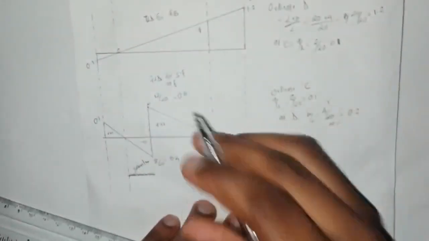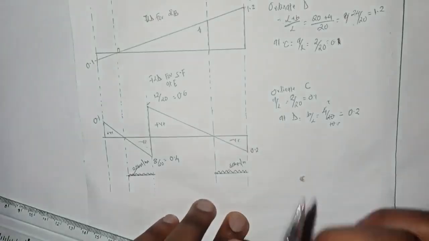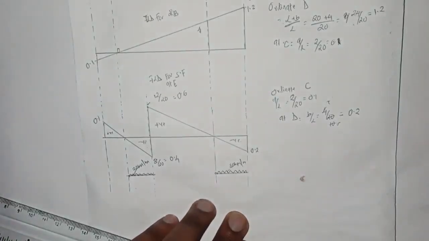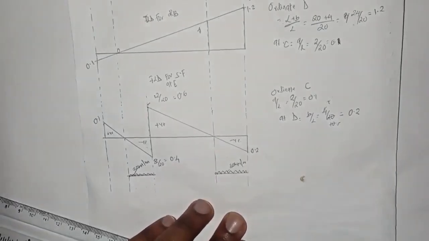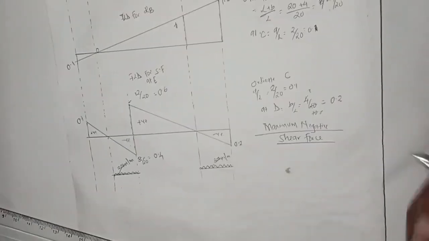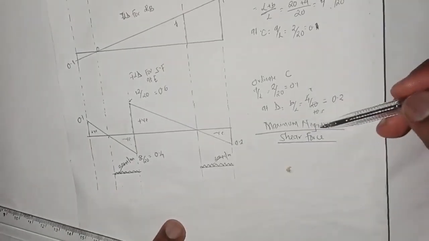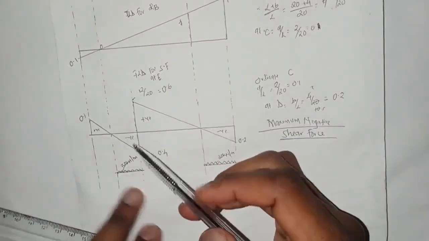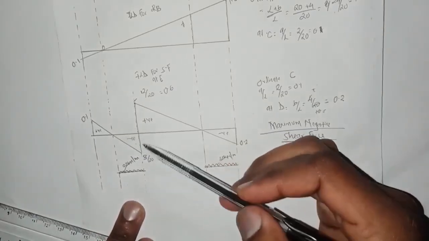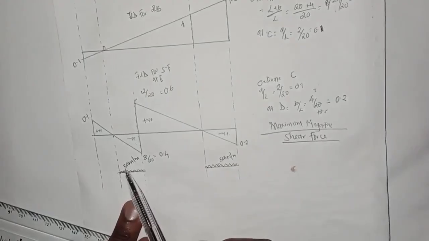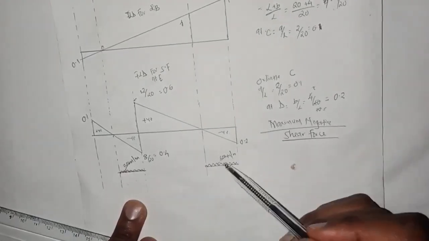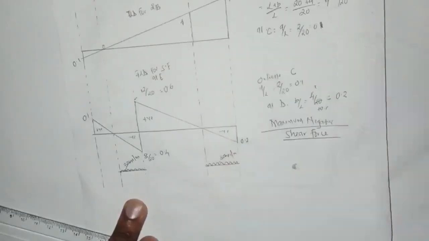So to calculate it, we multiply the area of this triangle by the intensity load of 30 kilonewton per meter, plus this other triangle here.